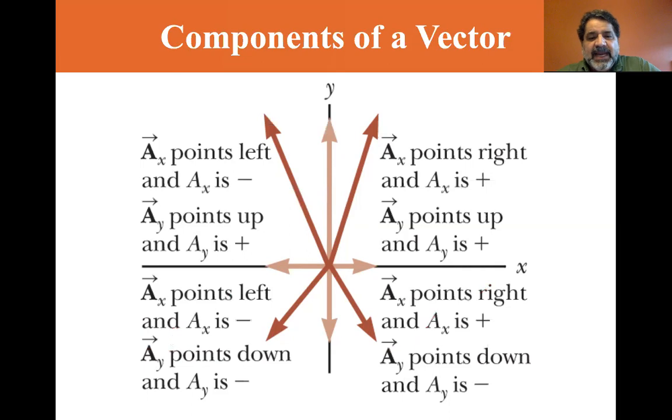Be careful of that. Now, if they're both negative, and you take something like the tangent, you're going to get a positive angle between 0 and 90, but your answer really should be between 180 and 270 degrees. Be careful of that.